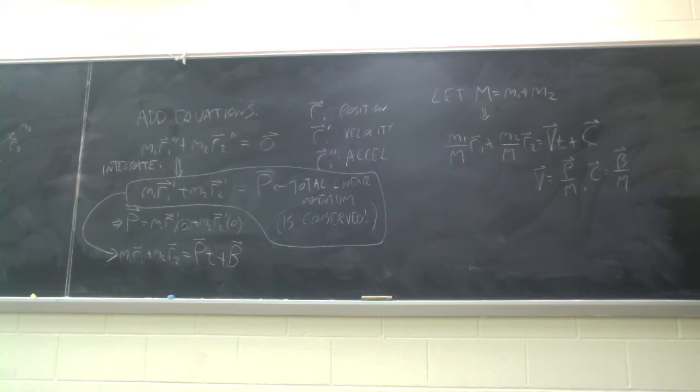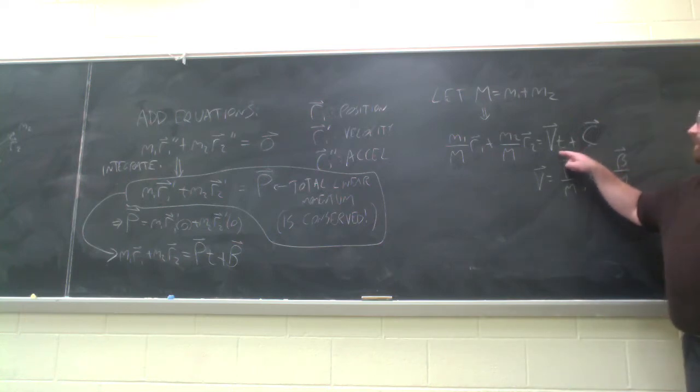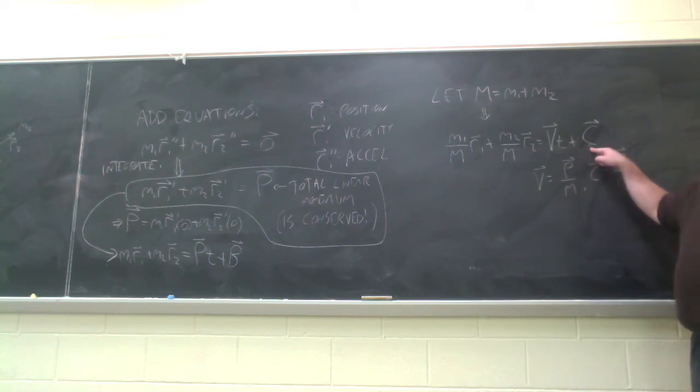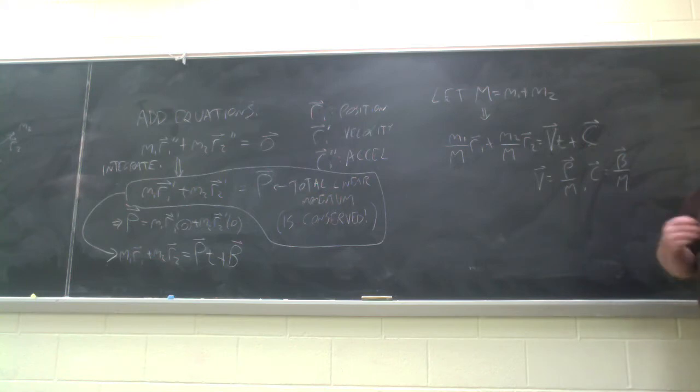On the right hand side, there's a velocity vector times time plus a position vector, right? So what we have is linear motion. It's a constant velocity vector, and this is the initial position vector. So we're describing the linear motion of some quantity, but what is that quantity?